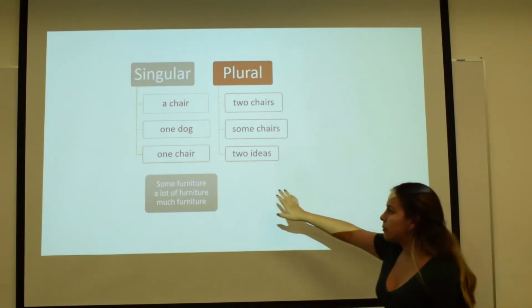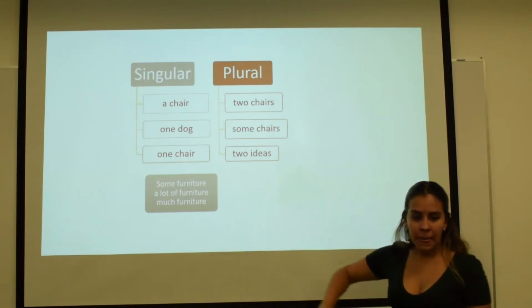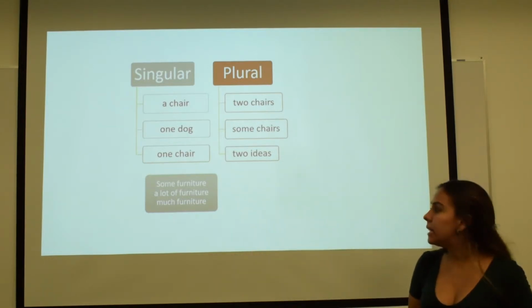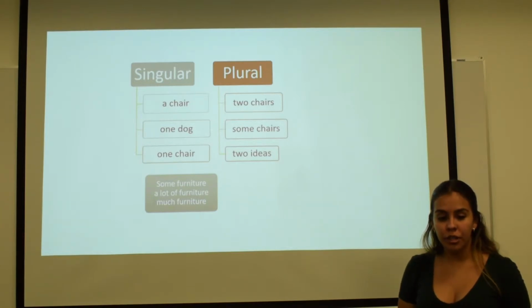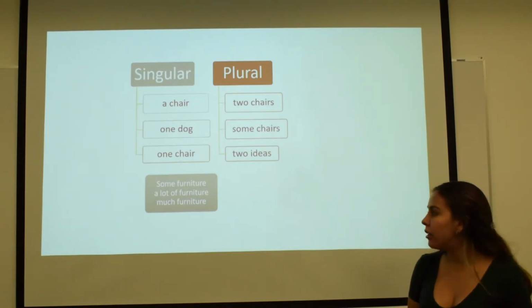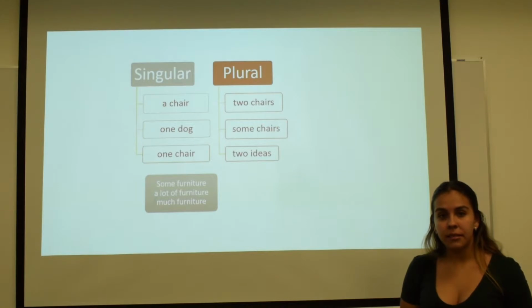For non-count nouns, those are ones not immediately preceded by a or an, or one, and they have no plural form, so we do not add a final s or es.